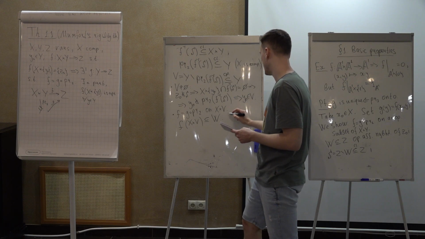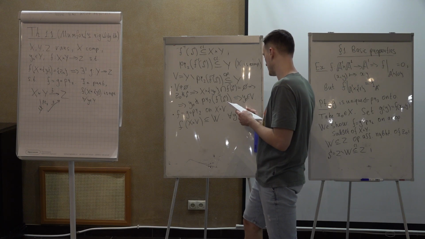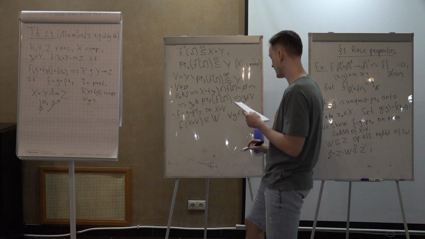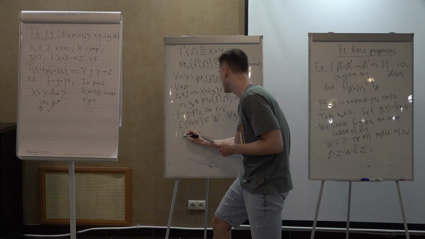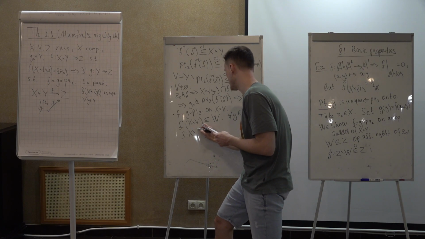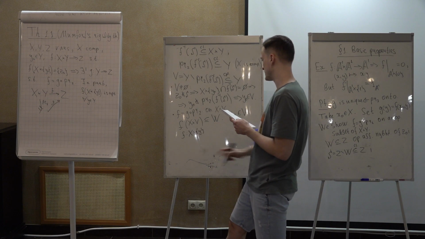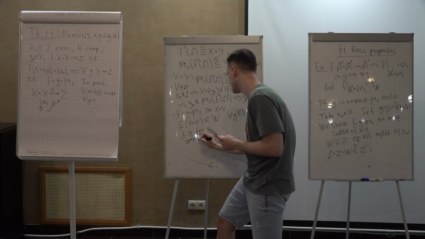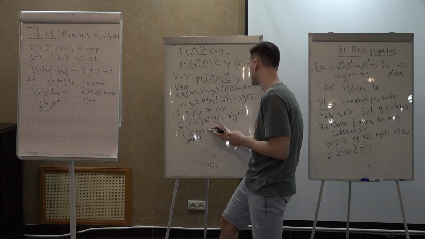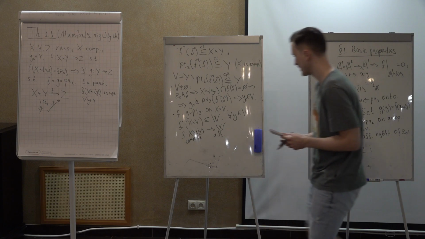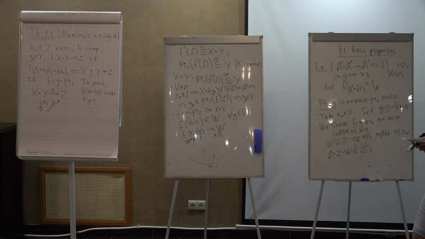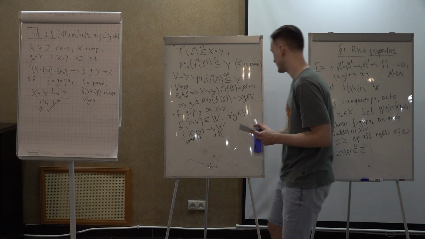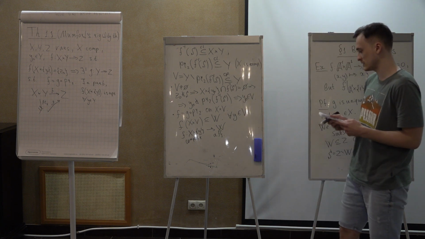And for any Y in V, we have something like this. So X times Y. X is complete, Y is a point, so this is complete. And it maps into W, which is affine. Okay? And we know that every map from a complete variety to an affine variety is constant.